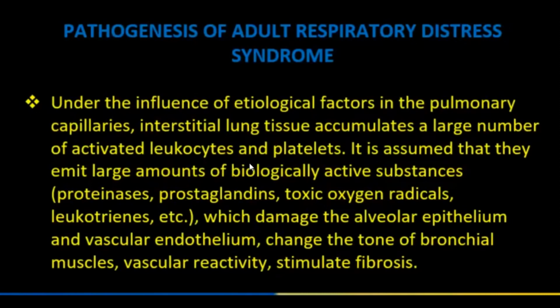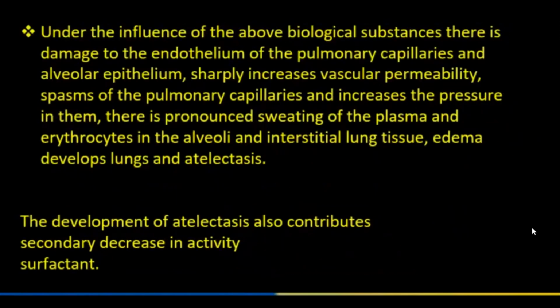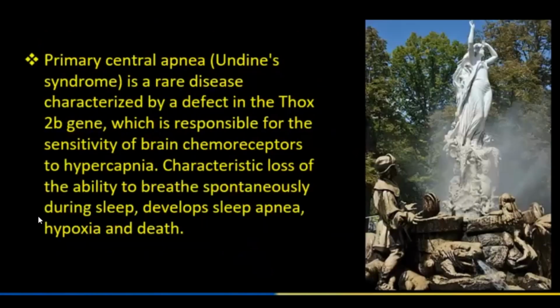It is assumed that they emit a large amount of biologically active substances, which damage the alveolar epithelium and vascular endothelium, change the tone of bronchial muscles and vascular reactivity, and stimulate fibrosis. The development of atelectasis is also contributed to by a secondary decrease in surfactant activity.